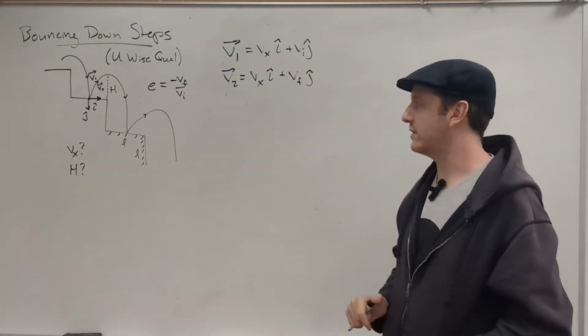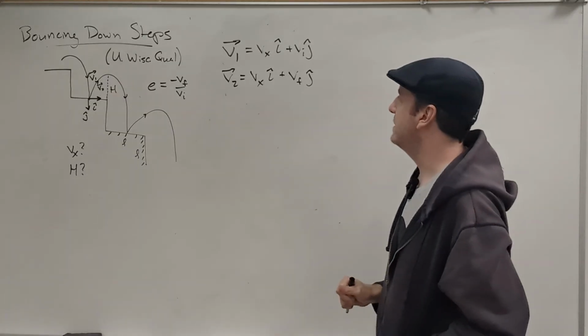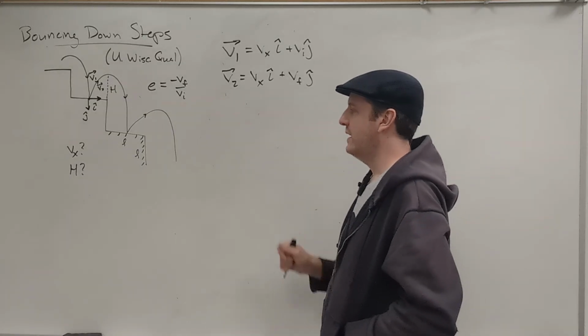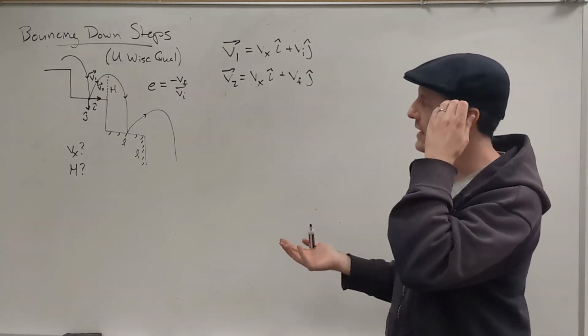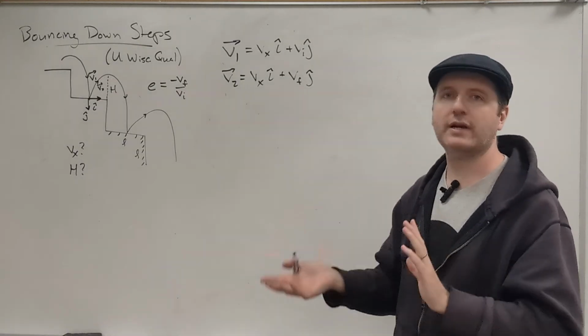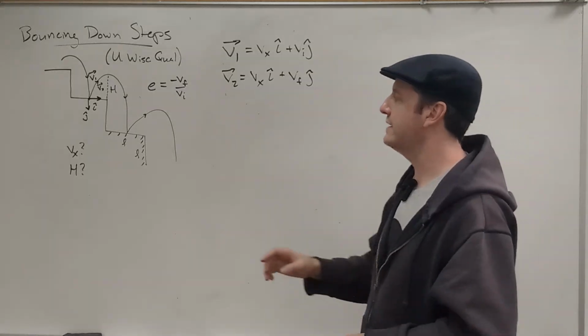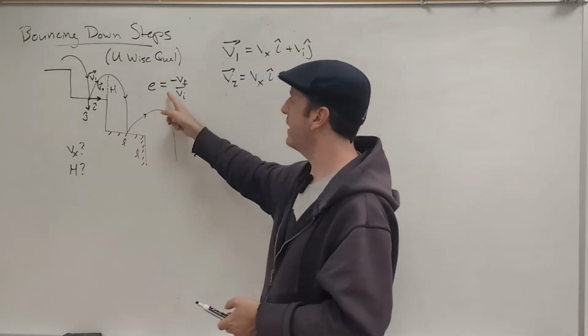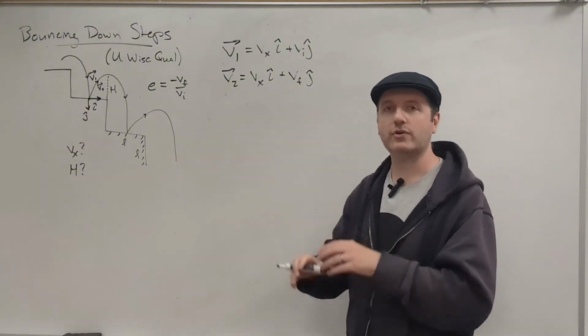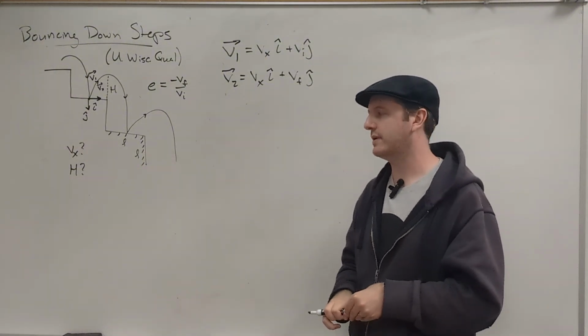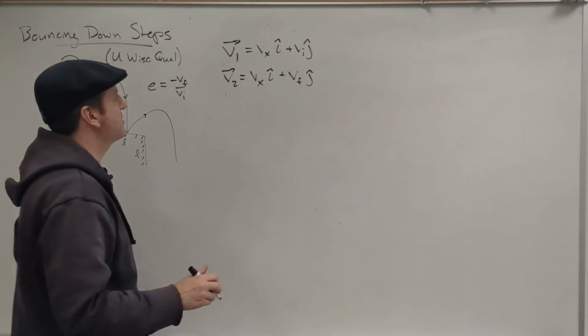These aren't speeds, they're components, Vf in the j hat direction. Now what we want to do is try to use either kinematics, dynamics, or energy conservation to find what these have to be. Don't forget, we do have this relationship between e and the two vertical speed components, or velocity components. Okay, so let's start with conservation of energy.